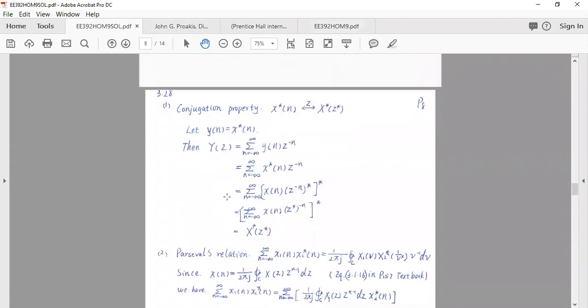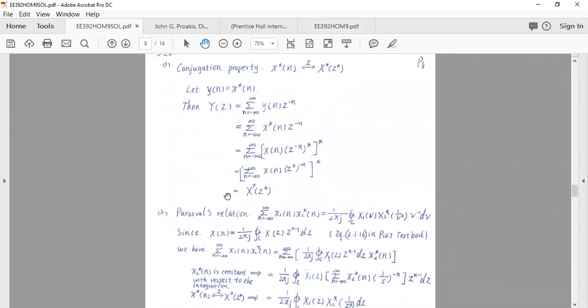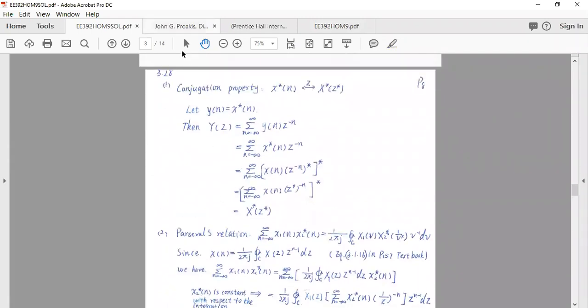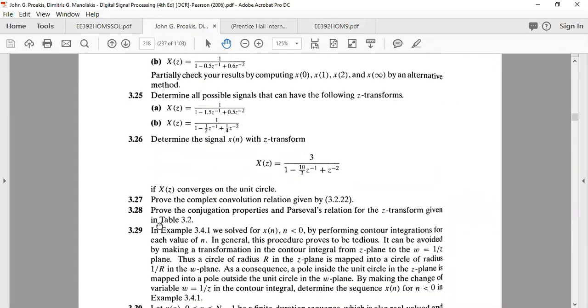Moving on to question number 3.28, that is the last question for this week's tutorial. The rest of the tutorial questions will be covered in next week's tutorial, right? 3.28: prove the conjugation properties and Parseval's relation for the Z transform given in table 3.2, right?